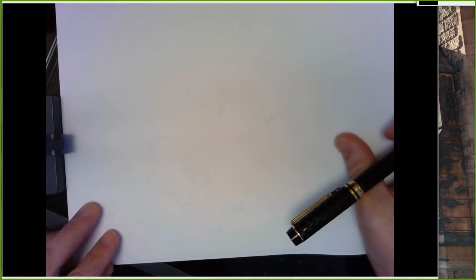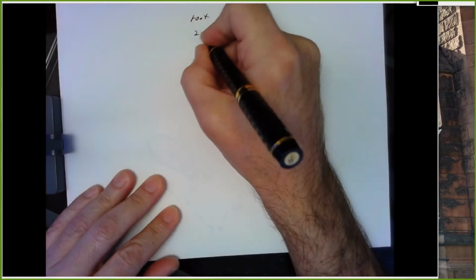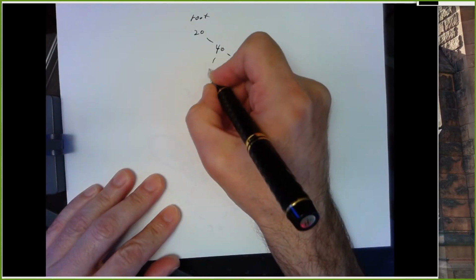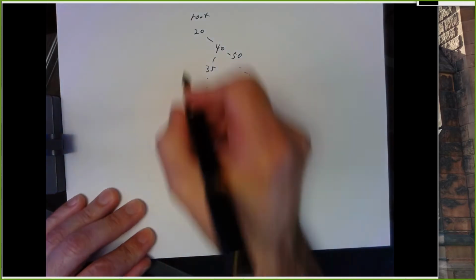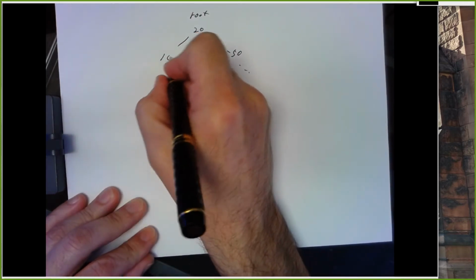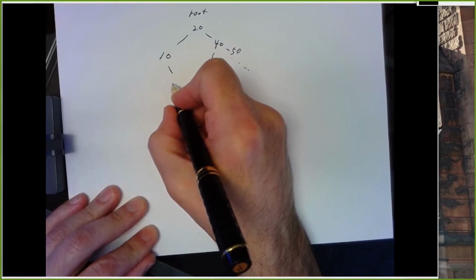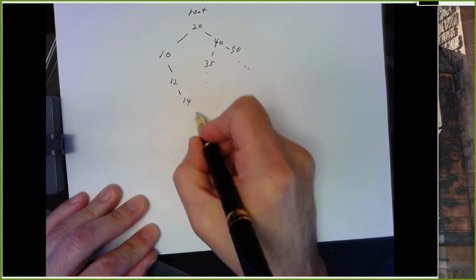So let me do a slightly more interesting example. So here's our root, which is 20, with a bunch of stuff hanging off to the right. Here's a 10. Here's a 12. Here's a 14.